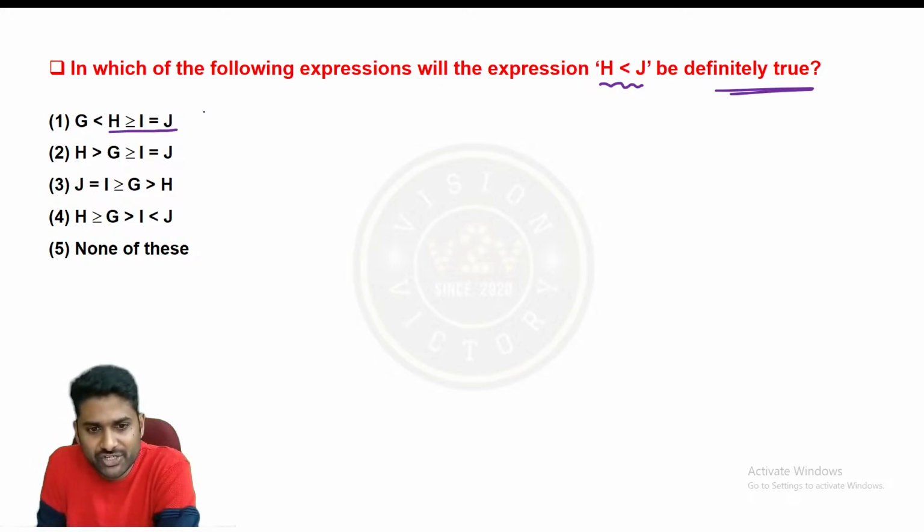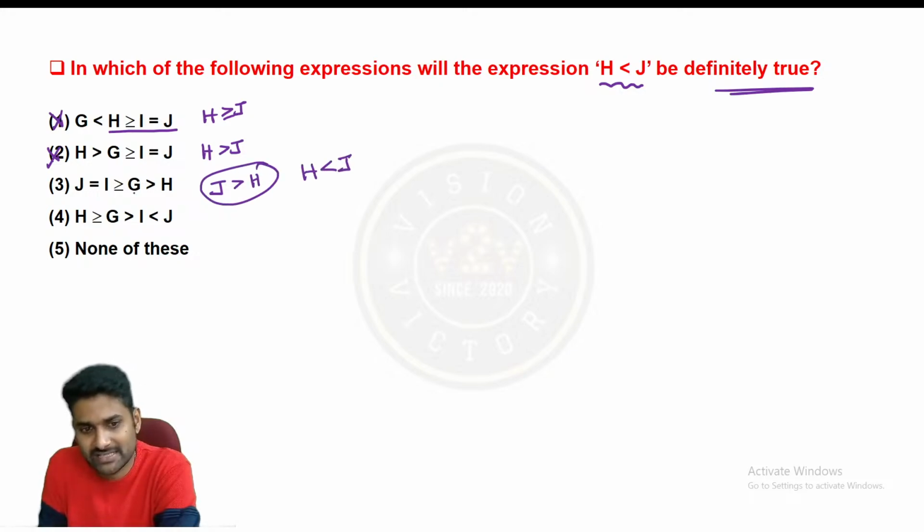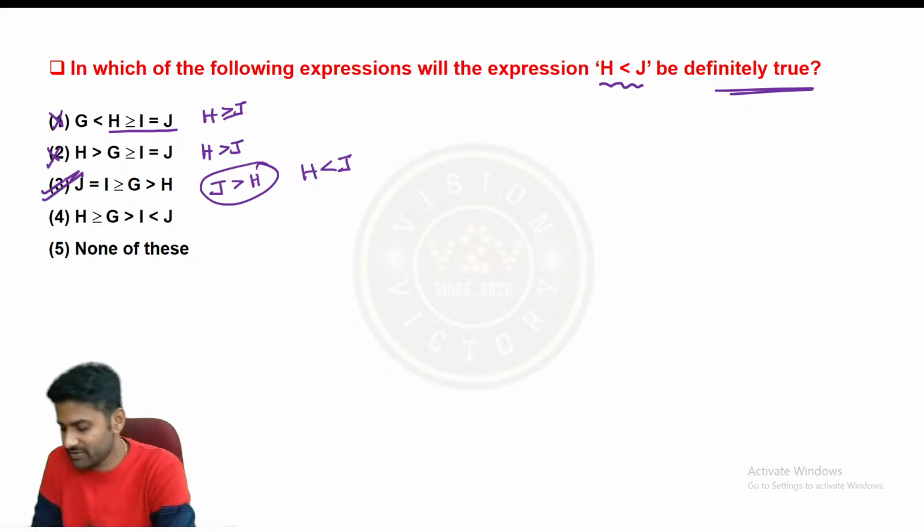If we check this condition, you will get h is greater than or equal to j. It's wrong. If we check this condition, you will get h is greater than j. So we need h is greater than j, but according to the condition, h is less than j. So 2 is also wrong. Next one satisfies the condition j is greater than h. If j is greater than h, we can conclude that h is less than j.